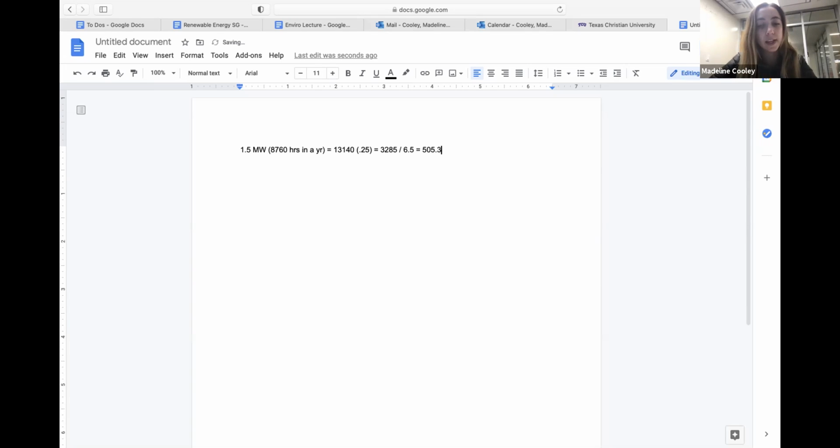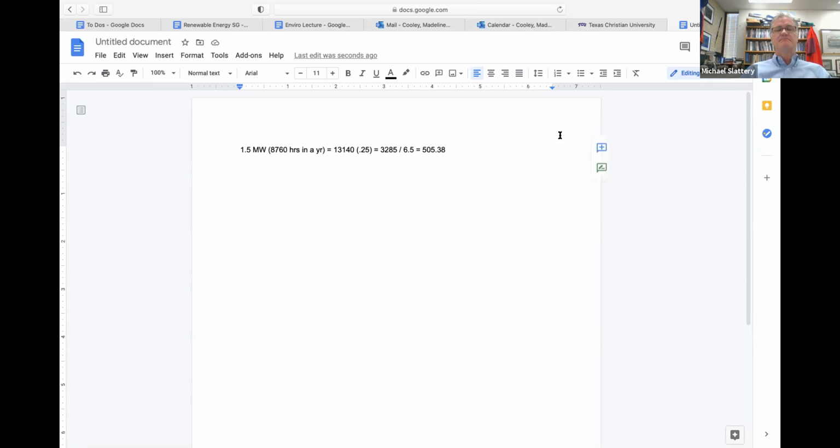So that one wind turbine operating at a 25% capacity factor with a household demand of 6.5 megawatt hours per year can support about 505 houses. That's how it works. Yeah, I definitely forgot to do the percentage part, and I'll make sure to remember that 8,760 is the standard amount of hours in a year.